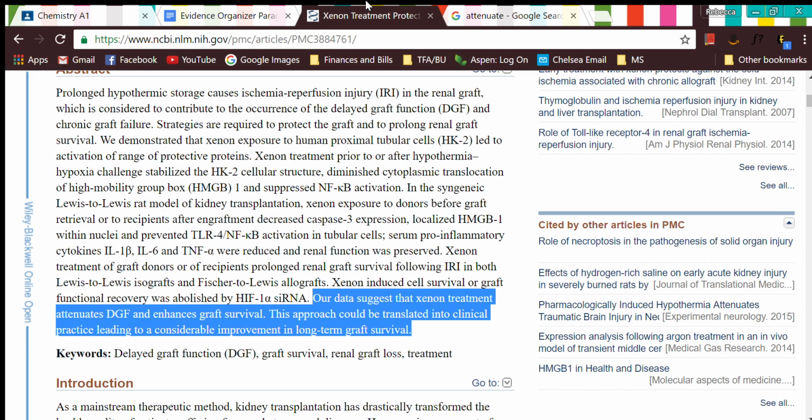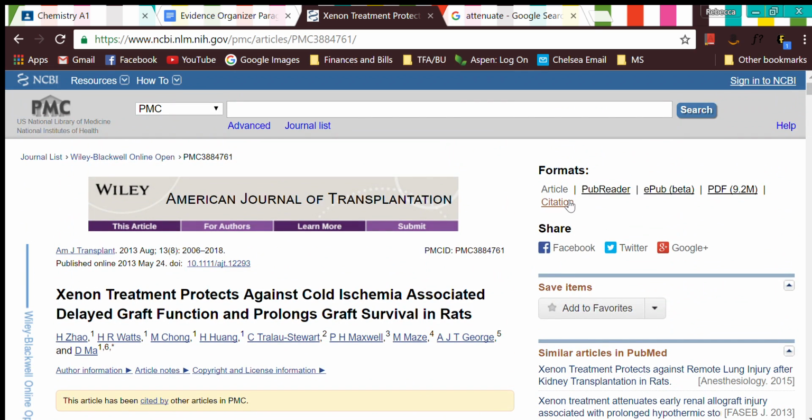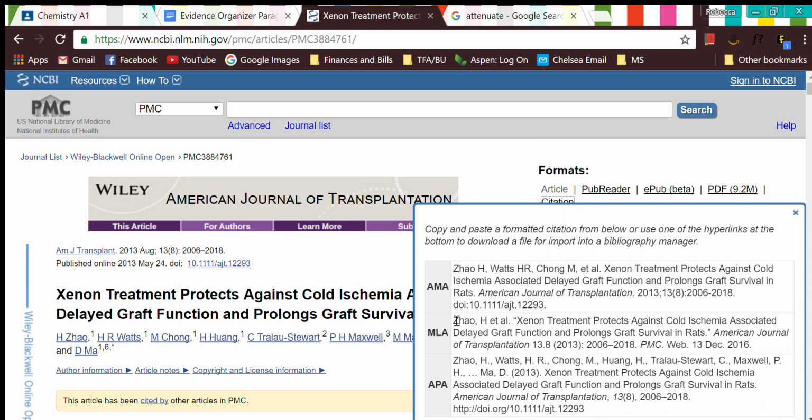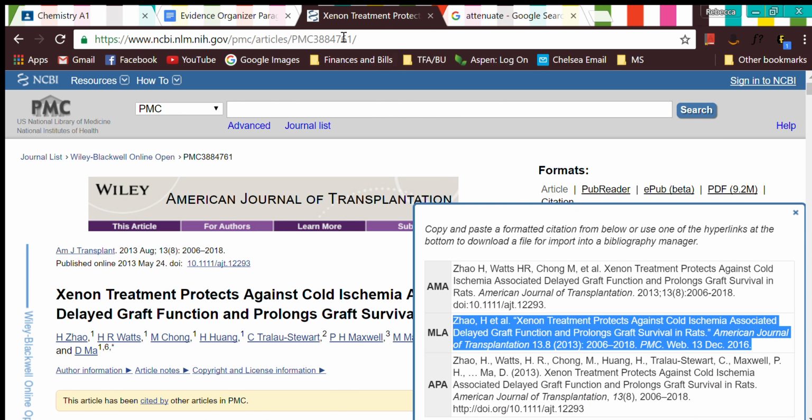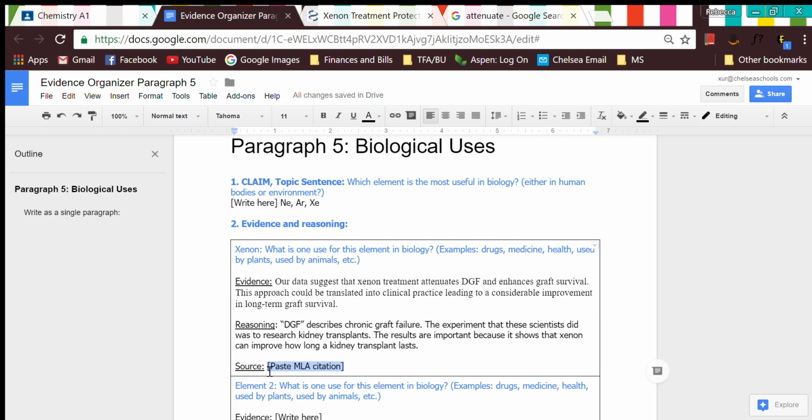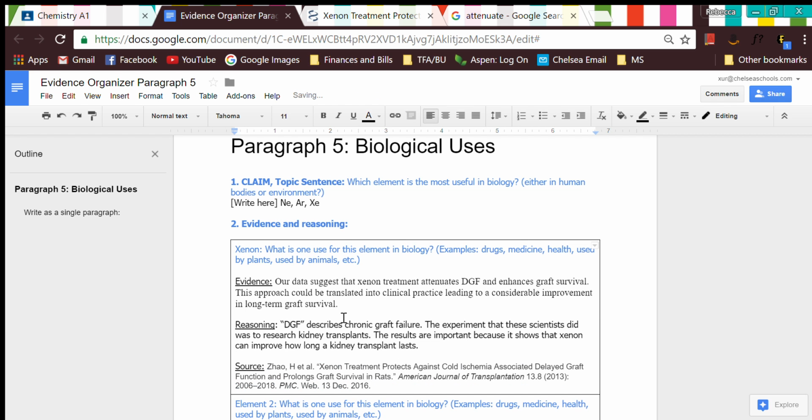For your MLA citation, go back to the source, click on citation, and just copy the MLA format. And you would repeat that for all the other ones. So feel free to look up words that you don't know in Google, and that can help you understand what these articles are trying to say.